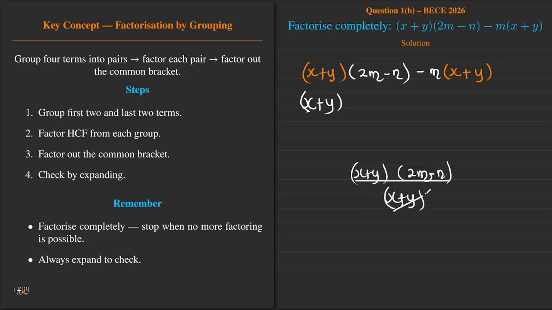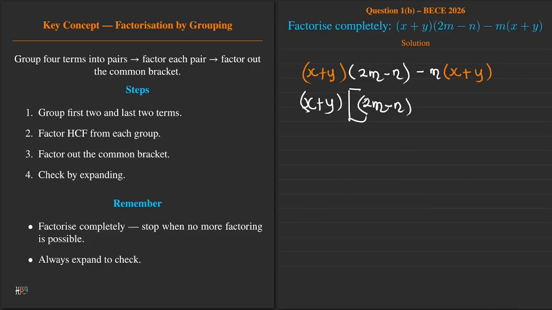This cancels out and we are left with 2m minus n. So in a bracket here, we have our 2m minus n. If we want to get back what we have, it is x plus y multiplying this whole thing, which gives us all of this. So we are done with the first pair.